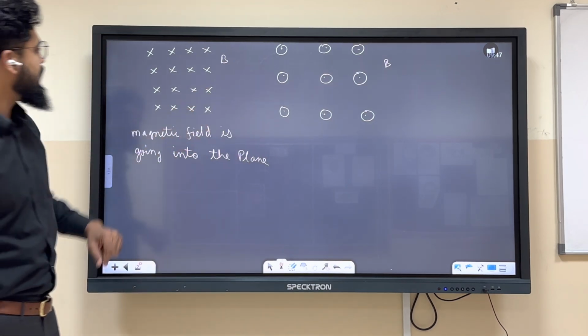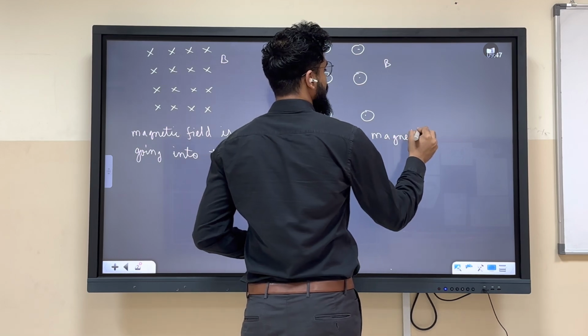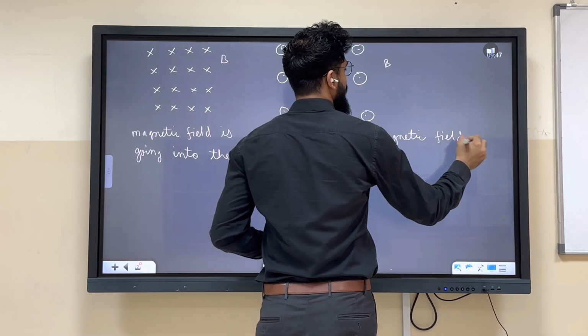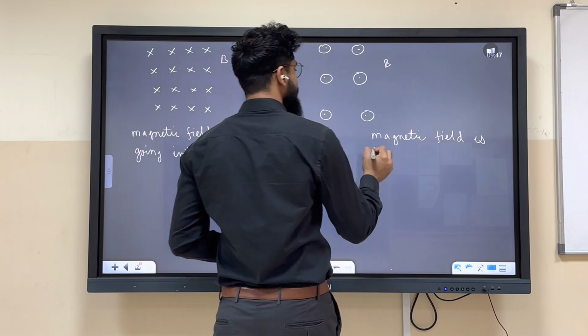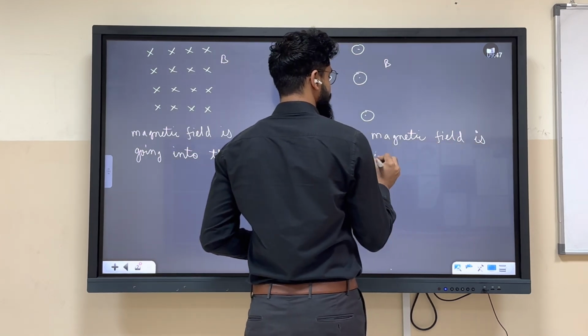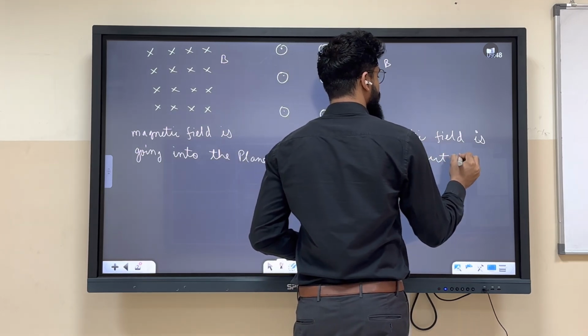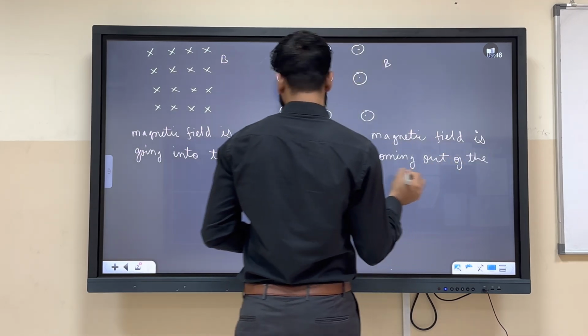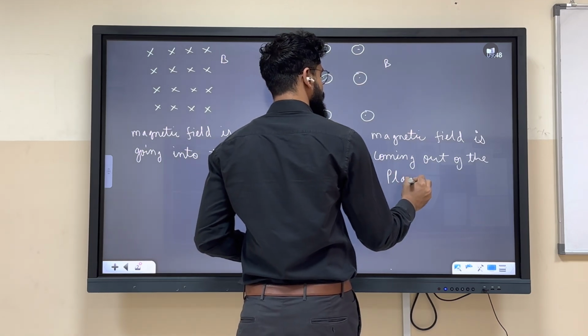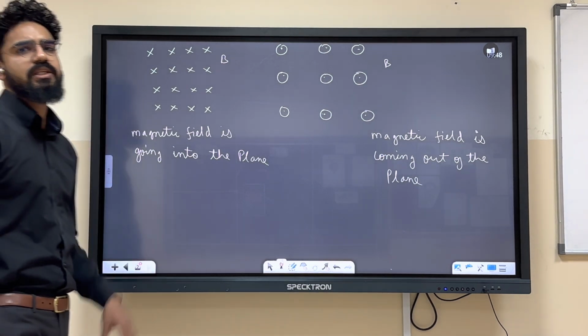Whereas if this is the case, we say the magnetic field is coming out of the plane. Magnetic field going inside the plane, magnetic field coming out of the plane.